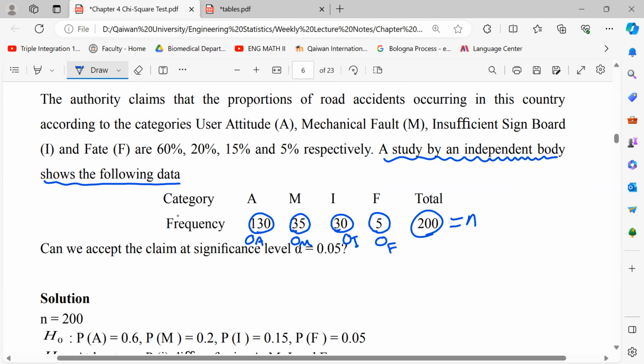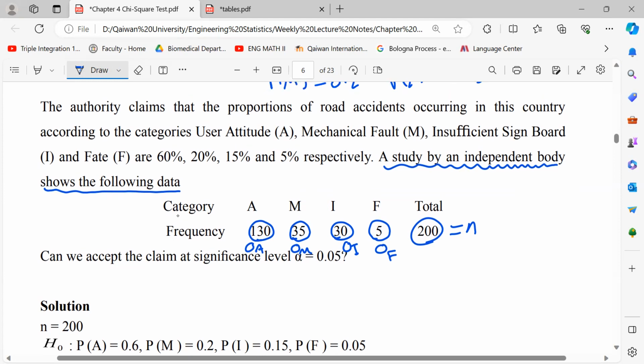What should we find? We need to find the expected frequencies. We already have the probability of each outcome. The expected frequency for A is the probability of A times n, where n is 200, the total number of trials.